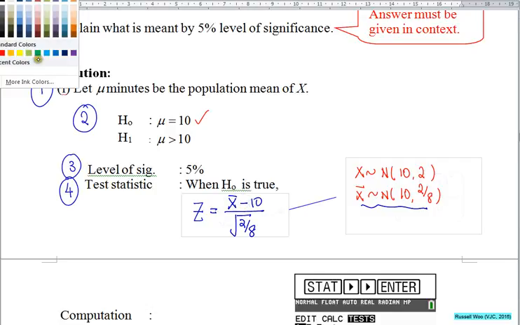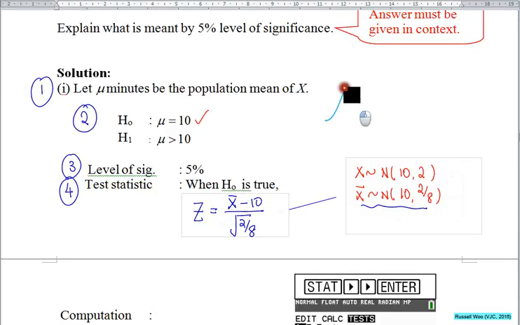You want to do a one-tail test. This is 10. Then 86 over 8 is here, correct? It's about 10.75.